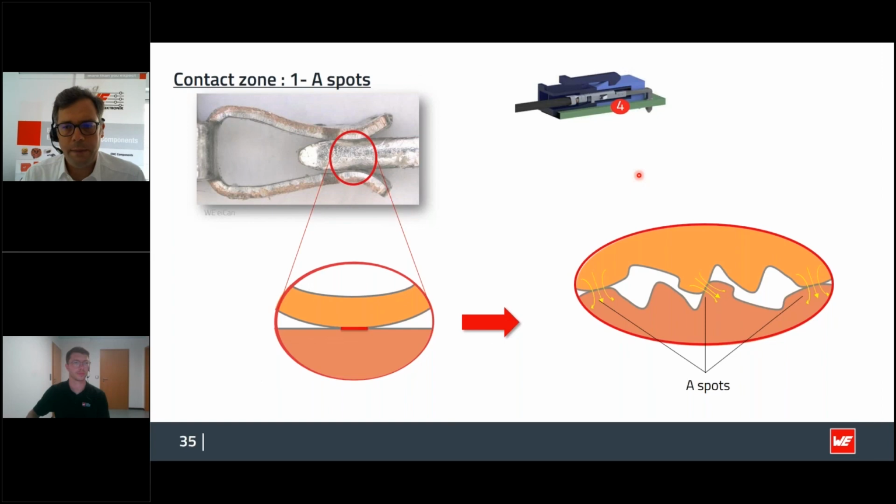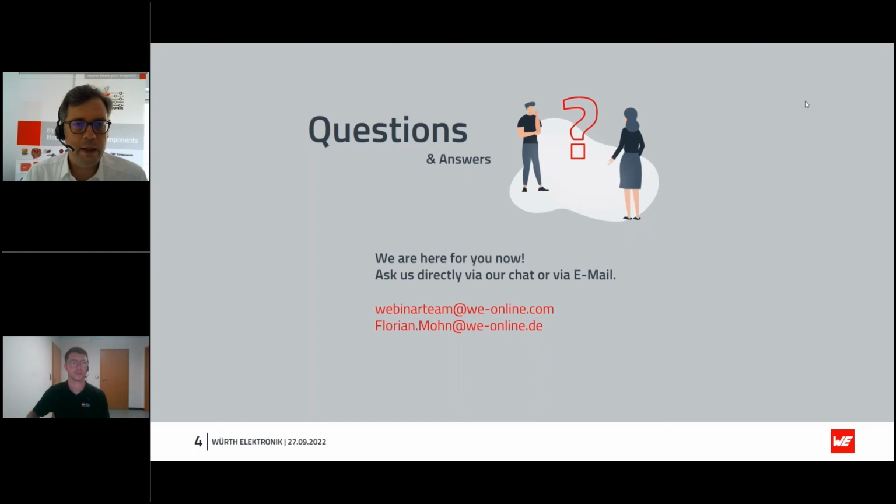If you think about applications where connectors are used inside a building, it's less critical, honestly. And for sure, a lot of customers use combinations between male and female contact with tin and gold. It's true, it happens. We need to take it into consideration, but it's also an aspect you might think of.